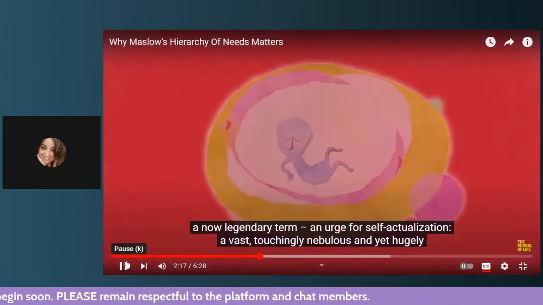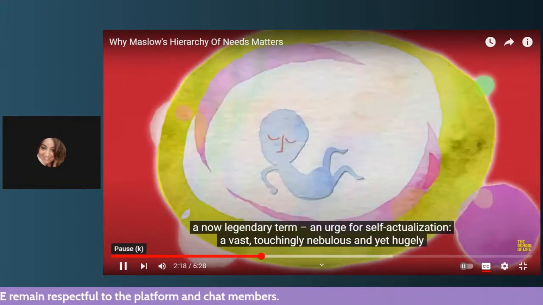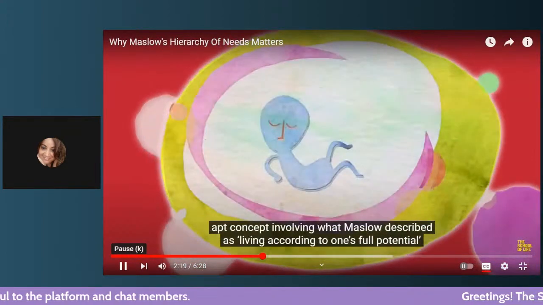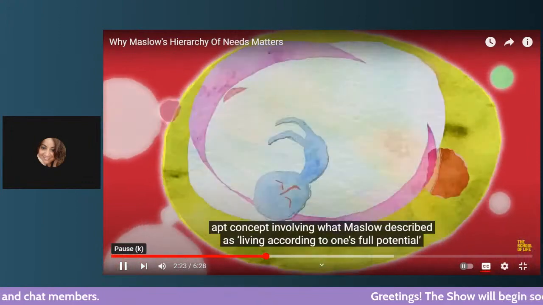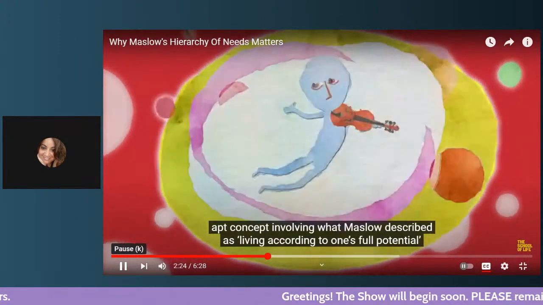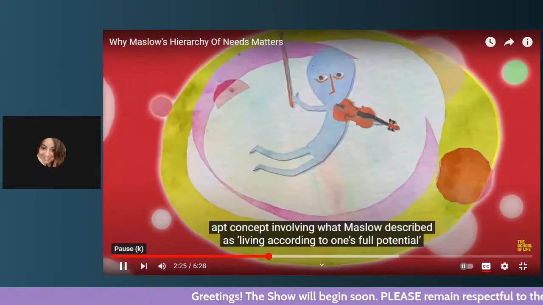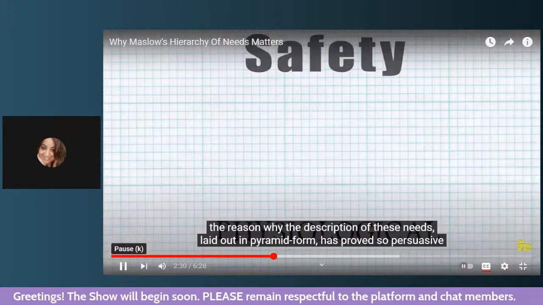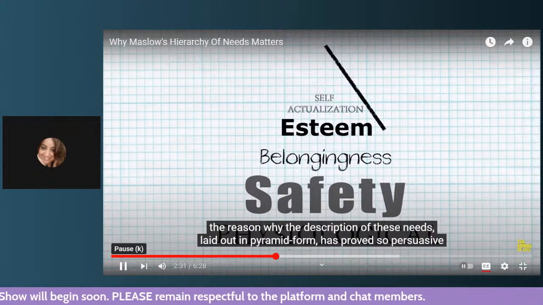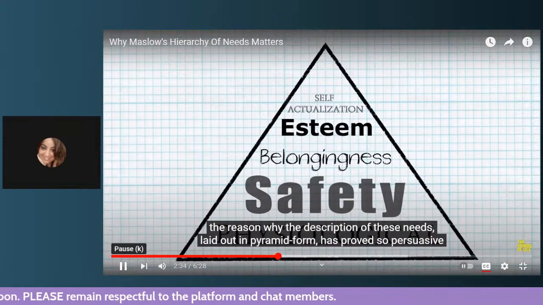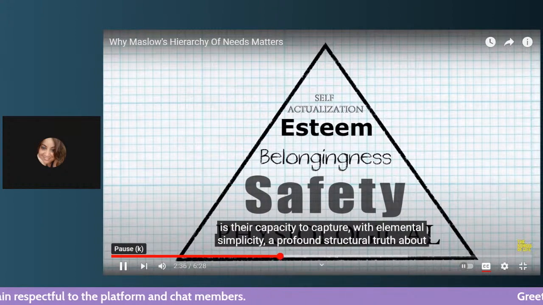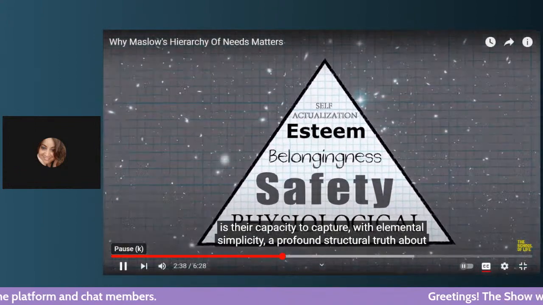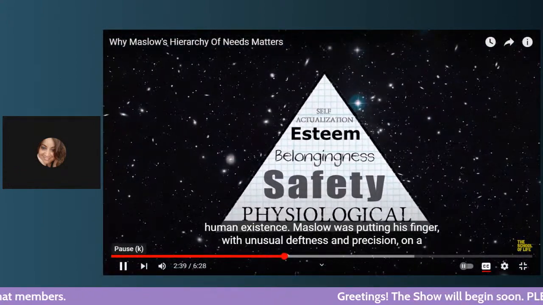A vast, touchingly nebulous, and yet hugely apt concept involving what Maslow described as living according to one's full potential and becoming who we really are. Part of the reason why the description of these needs, laid out in pyramid form, has proved so persuasive is their capacity to capture a profound structural truth about human existence.